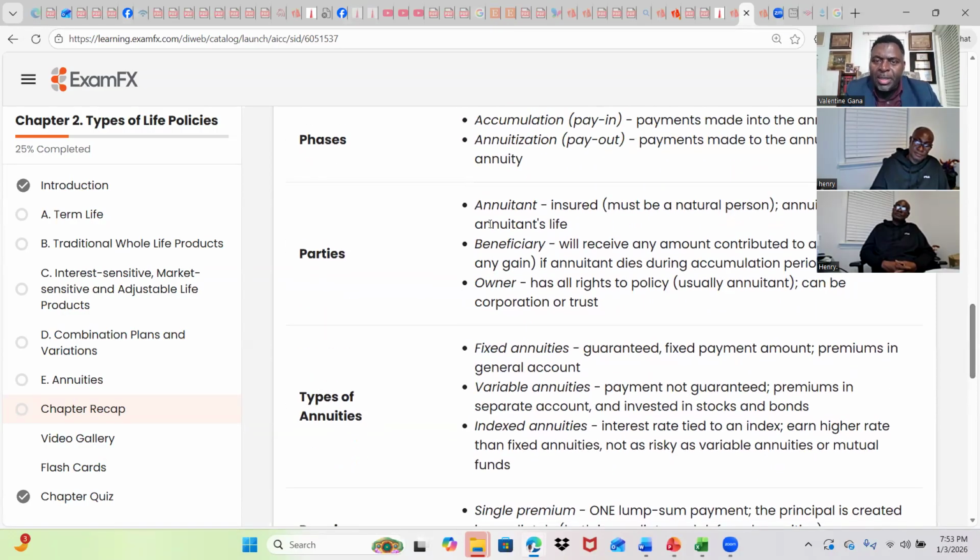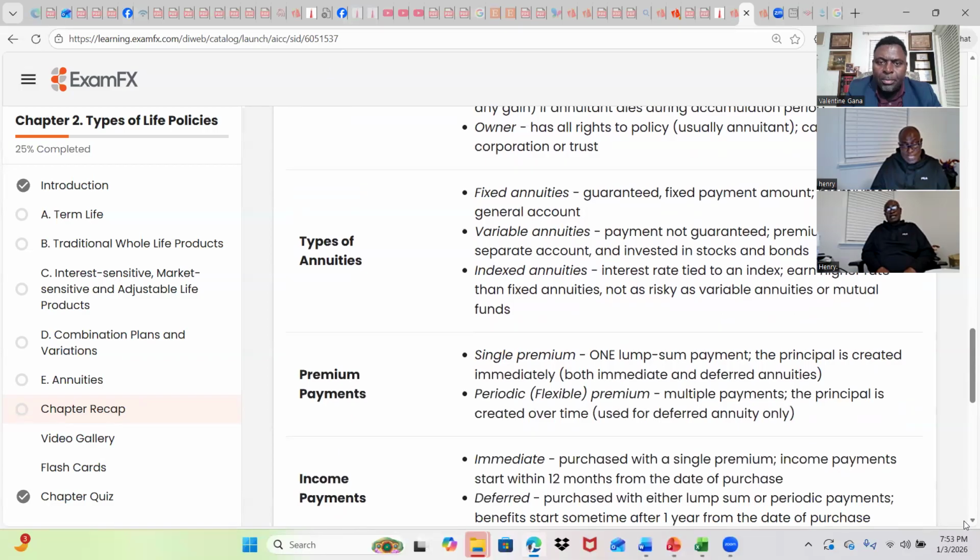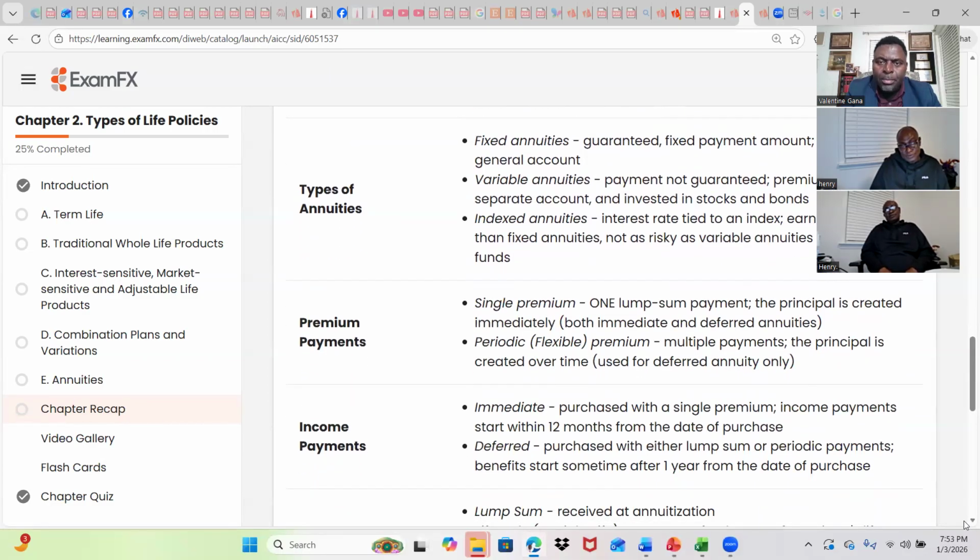So annuities, again, have a beneficiary. Let's say you die, that balance of money goes to your beneficiary. One of the things to understand now is that with whole life, you are not the beneficiary; somebody else has to benefit.